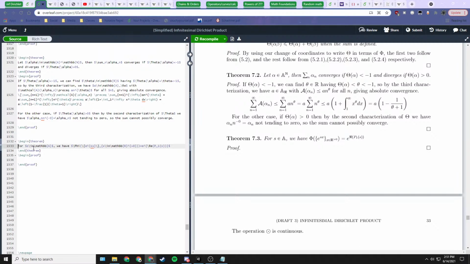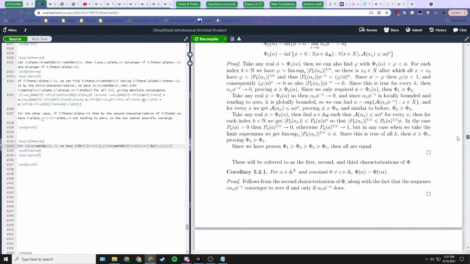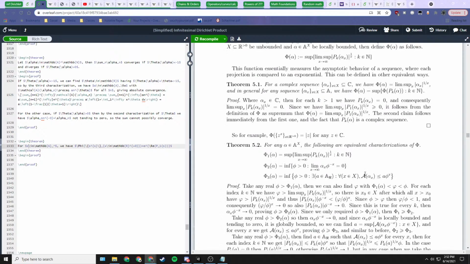Actually, we do it a different way. We can say for s and a star, then s to the power of x. Or actually, I've got a different idea. In all of our phi things, I'm going to change the x to an r, for complicated reasons.